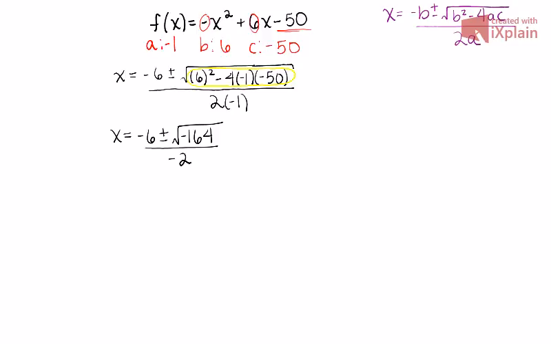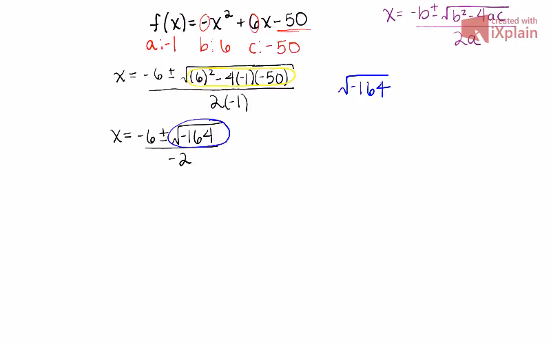The radical is the square root of negative 164. So I'm going to do that off to the side right here. Square root of negative 164. The first thing I'm going to notice is that there is a negative sign underneath the radical.